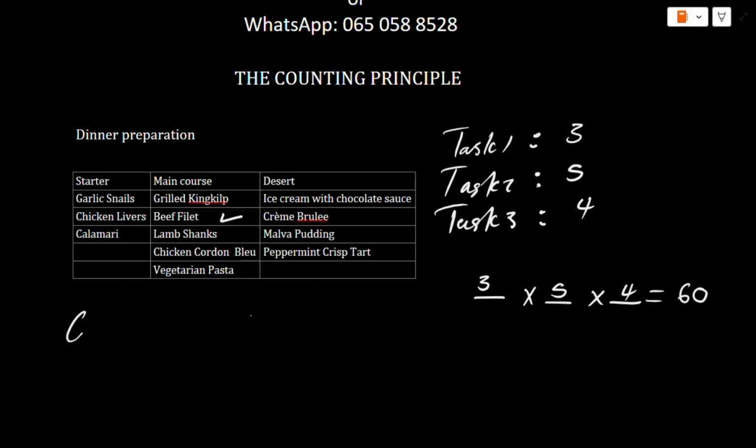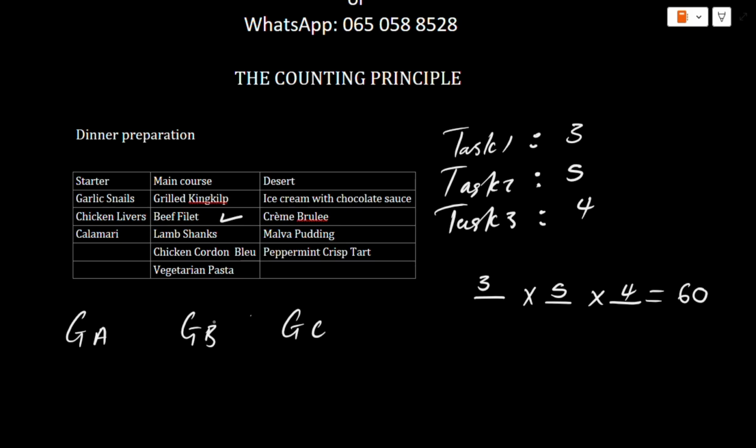Group A would be the starter, Group B the main course, and Group C the dessert. In each group, you are eliminating teams.